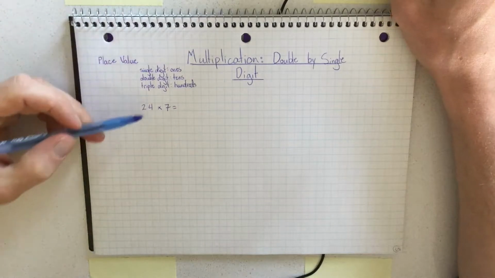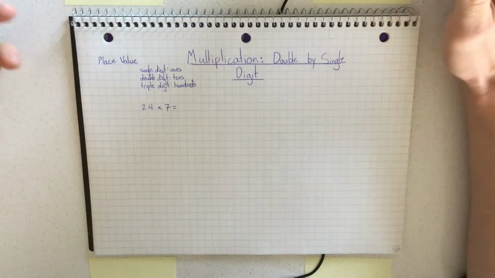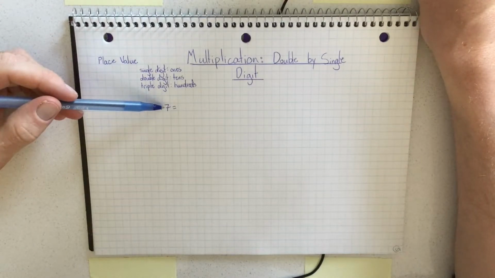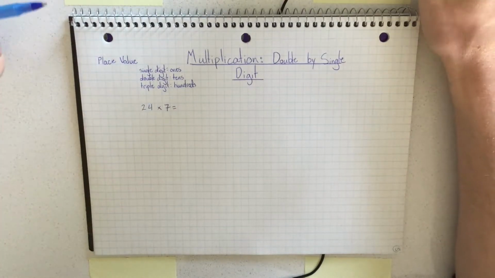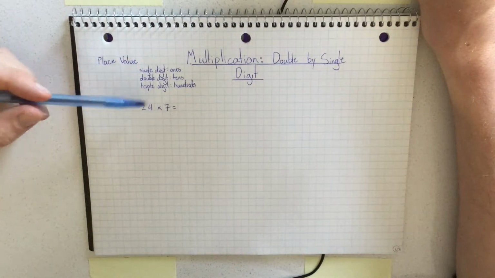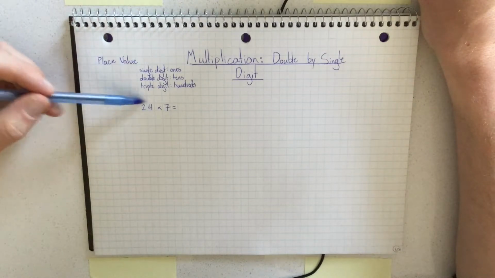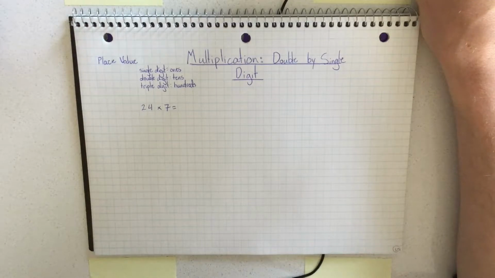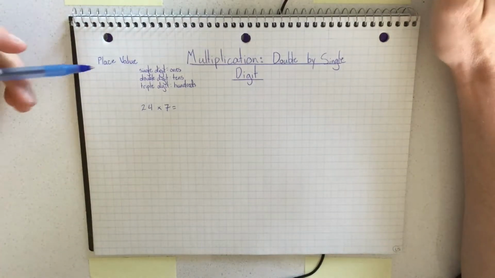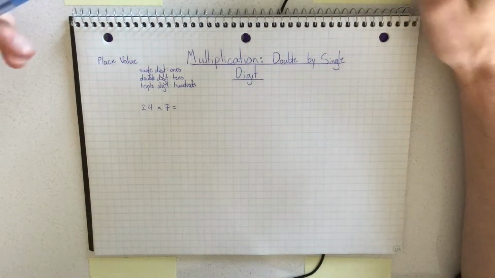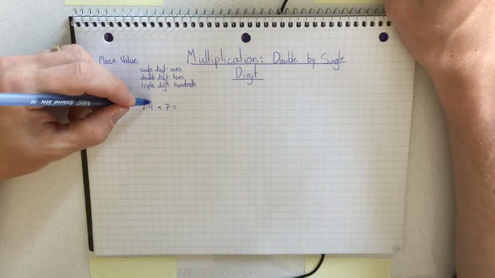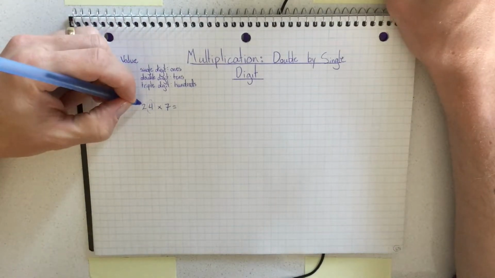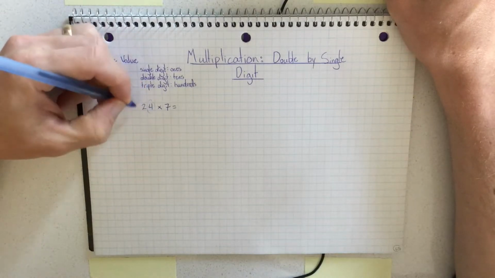One of the first ways we can do this is we can find friendly factors. Friendly numbers that we know the product of that multiply by 7, which are lesser than our multiplicand, lesser than 24. And I feel really confident in multiplying 7 multiplied by 4. And I know that if I do that, I'm left with a multiplicand of 20.